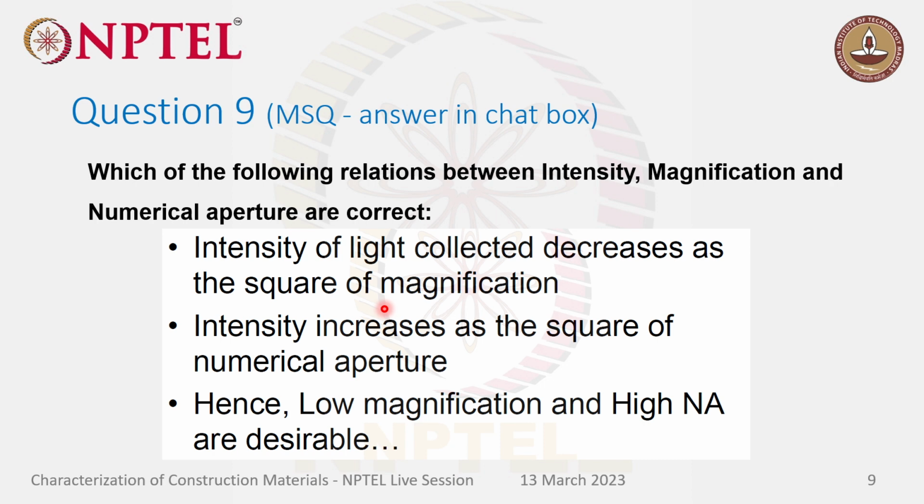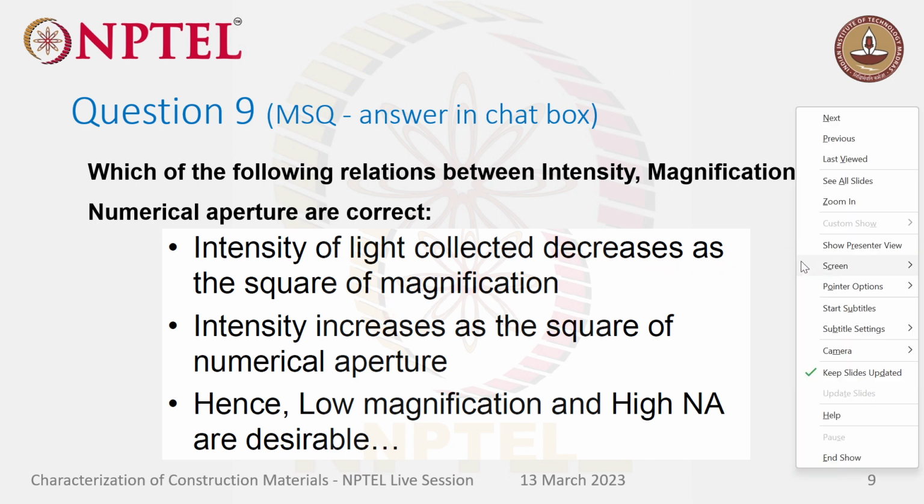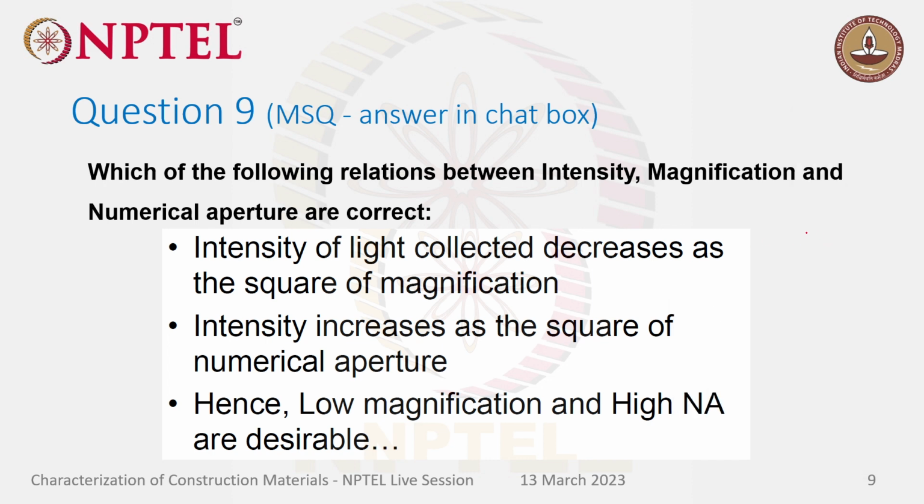So if this is the image and you're trying to magnify this particular shaded portion, you're magnifying this portion again and bringing it this way, right? So again, this will be magnified to the same size, but the image here will be this much. So the intensity of light collected will be the same, but it's zoomed further. So the intensity of light collected decreases as the square of magnification.